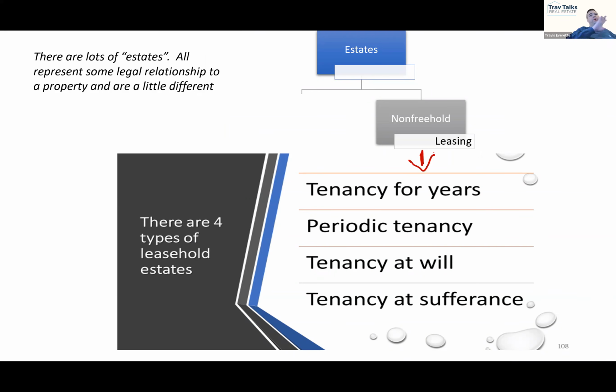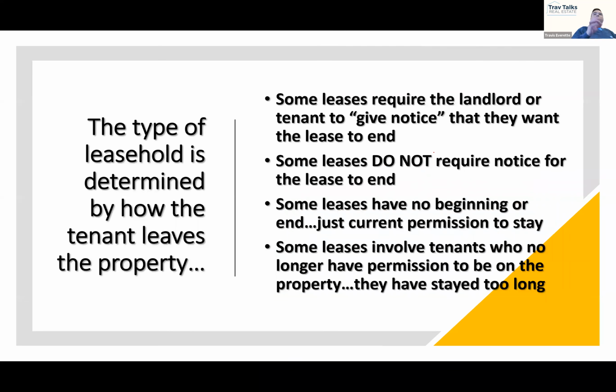And I promise you, we're going to come back and talk about leases much more extensively later in the class when we do property management. For right now, all we want to do is introduce the idea of leasing an interest in property, and particularly how we identify the different types of leases from each other.